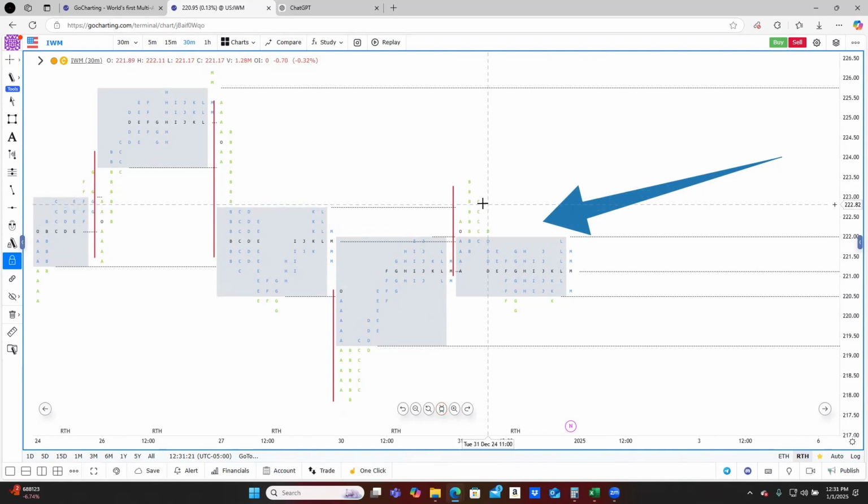As I hover over it, C period opened at 222.85. It went as high as 222.91 and as low as 221.84. And then D period, E period, F period, and so on.